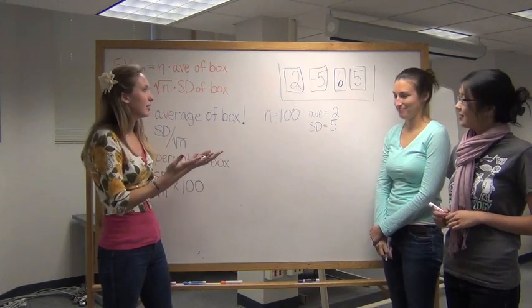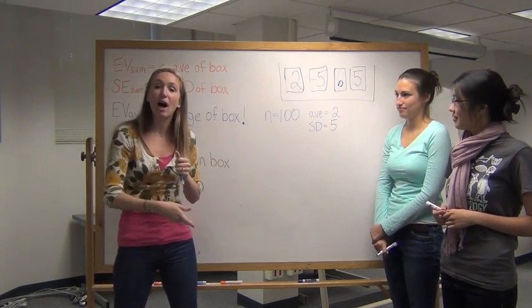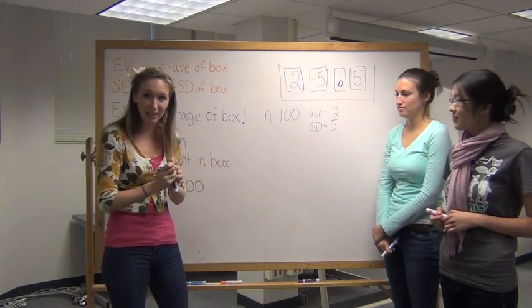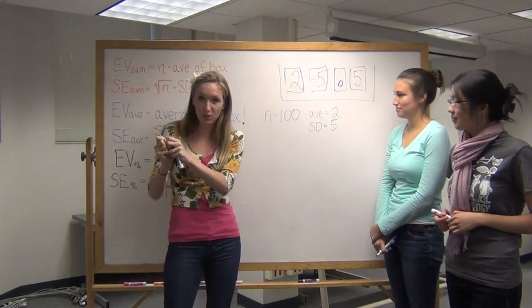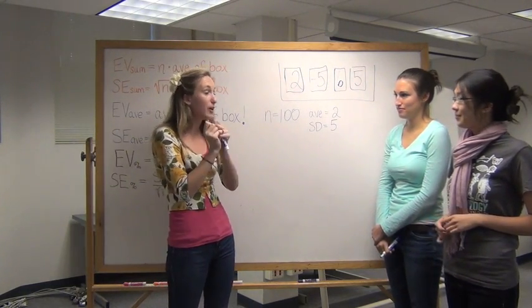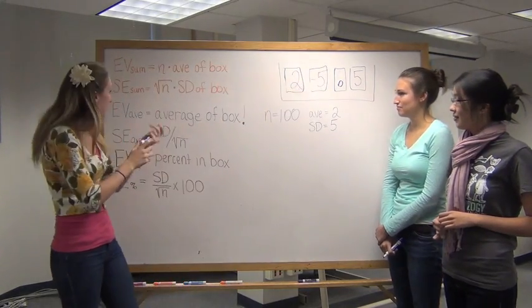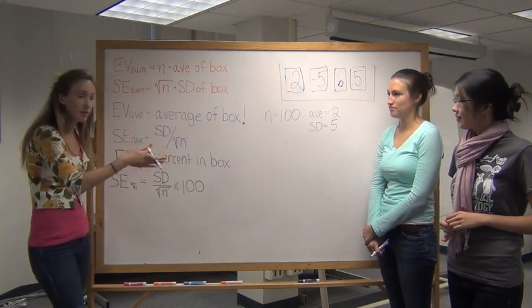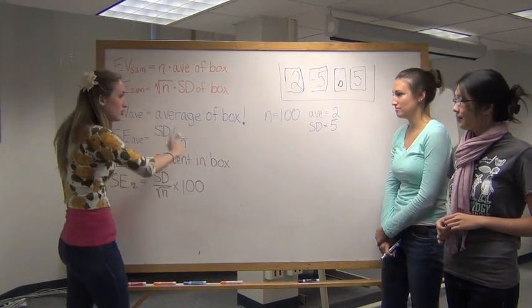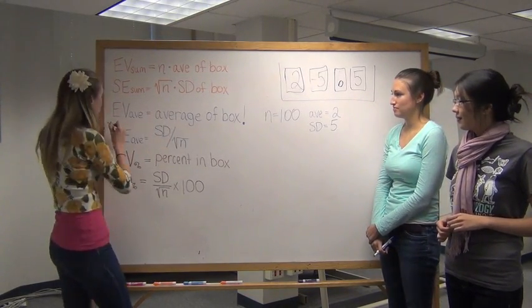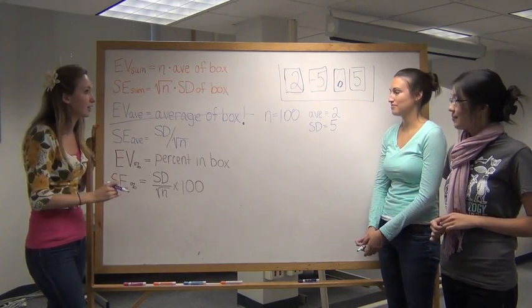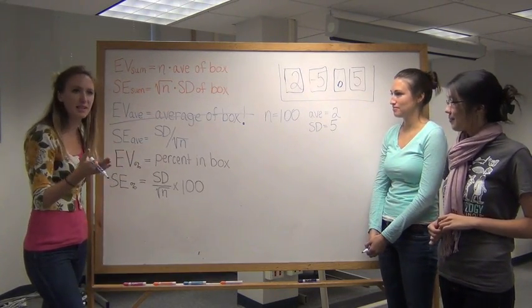The expected value of the average of the tickets I'm pulling out of a box, adding up and dividing to find the average of my pulls, is probably going to match up very well with the average of the box. So we can just assume the expected value of the average of a number of pulls is going to be equal to the average of the box. So really, don't even worry about a formula for that. Just use your common sense. Does that seem to make sense to everybody?